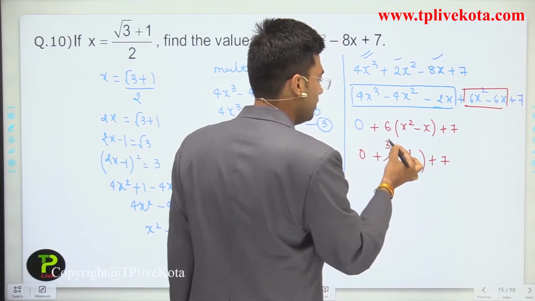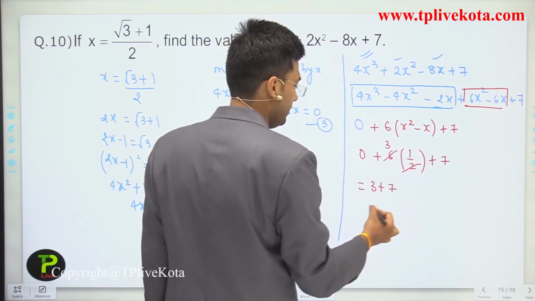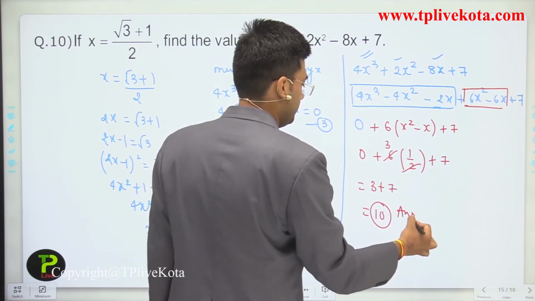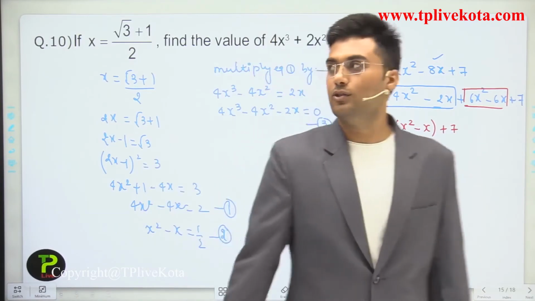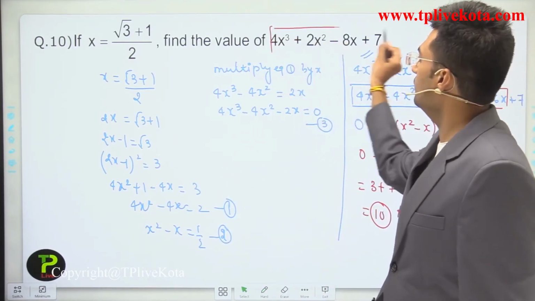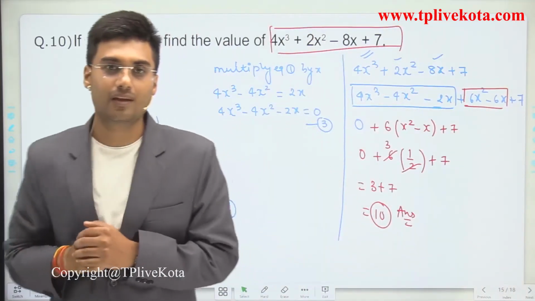It is cancelled out by 2, so it is equal to 3 plus 7. So the final answer is 10. Okay, so our answer is 10 for this expression, 4x cube plus 2x square minus 8x plus 7. Clear?